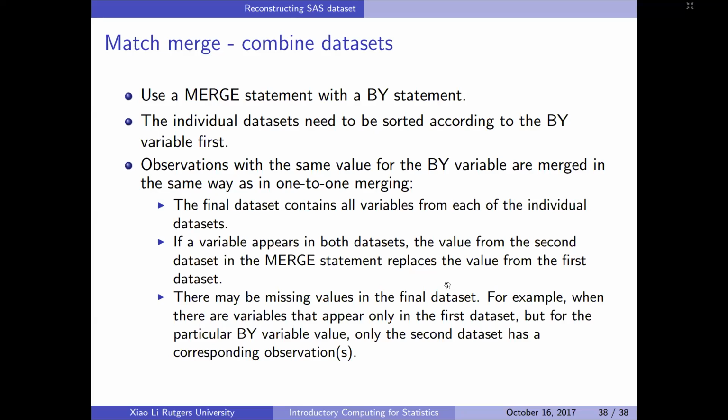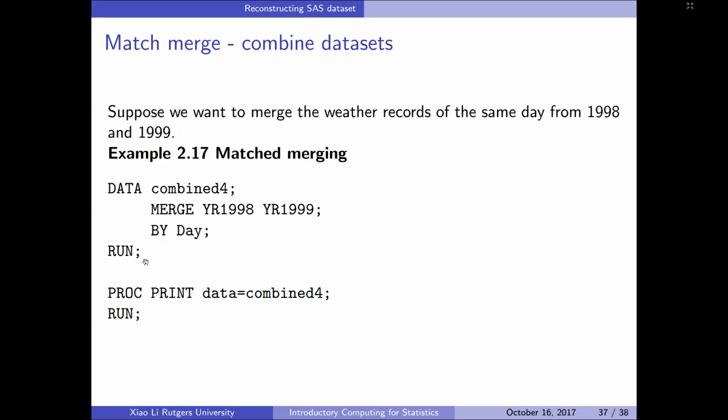There might be some missing values in the final dataset. For example, when there are variables that appear only in the first dataset, but for the particular by variable value, only the second dataset has a corresponding observation. You will understand this better if you watch the YouTube video link. It will show the results of all these steps.